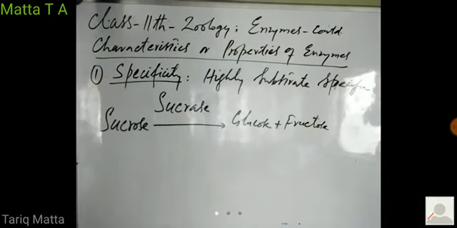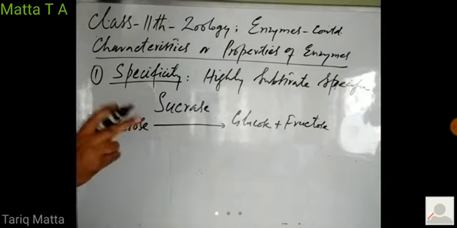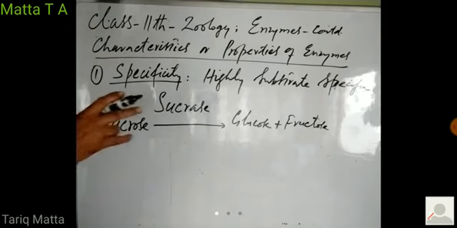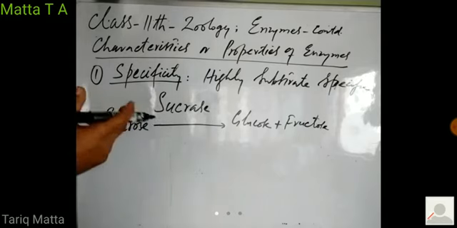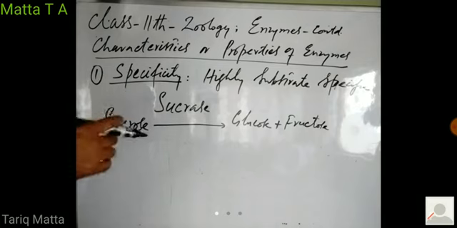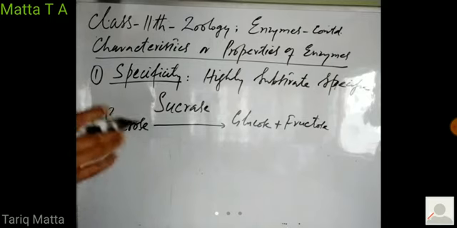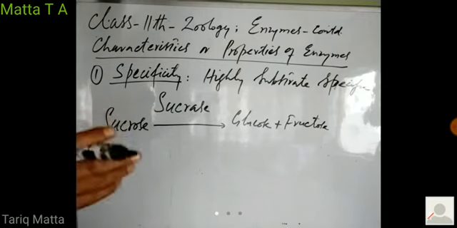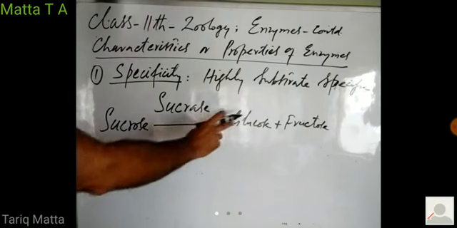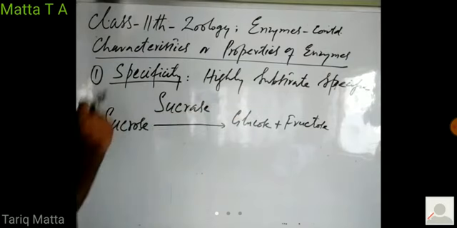This sucrase enzyme will not work on any other substrate. It is only meant for its action on sucrose, right? So we say enzymes are substrate specific. Every enzyme has its own specific substrate on which it acts.